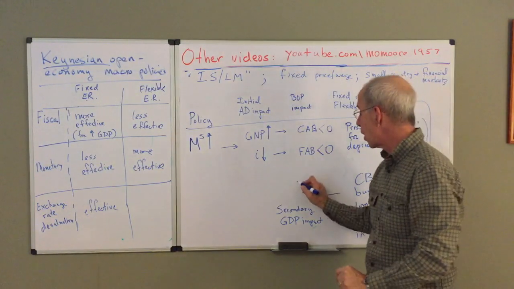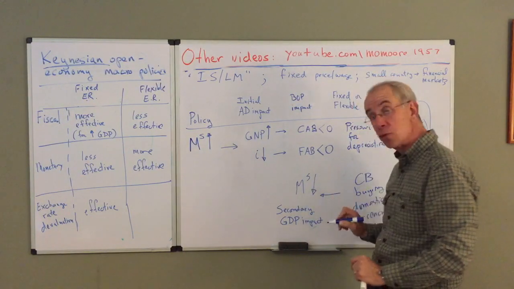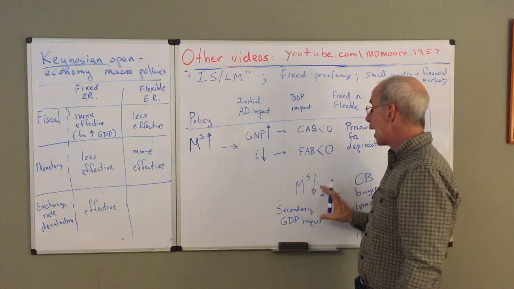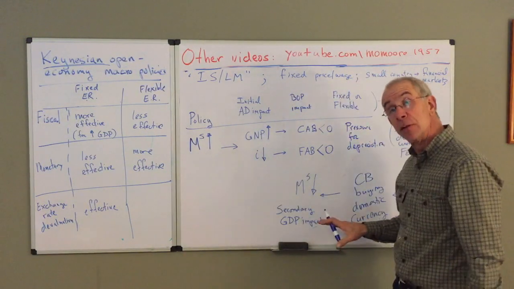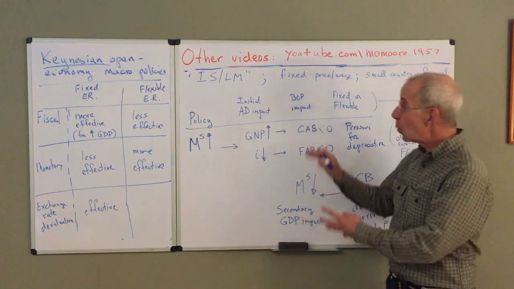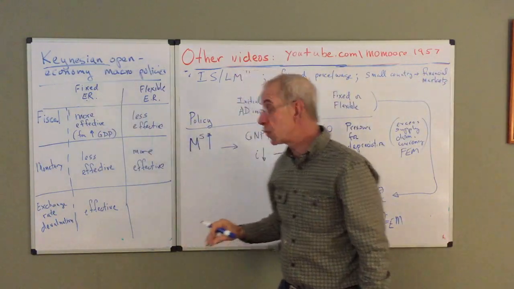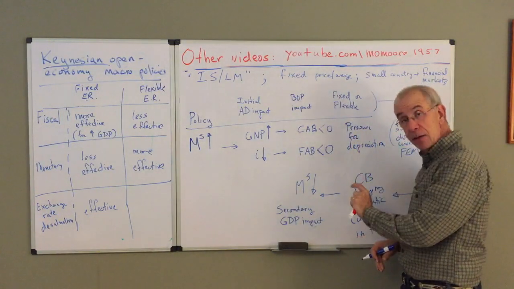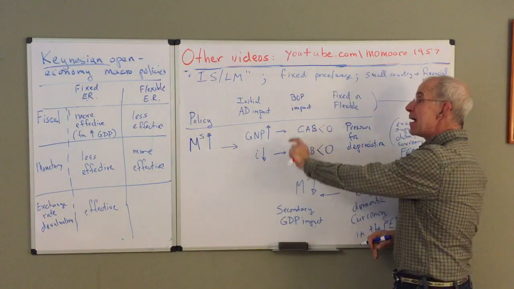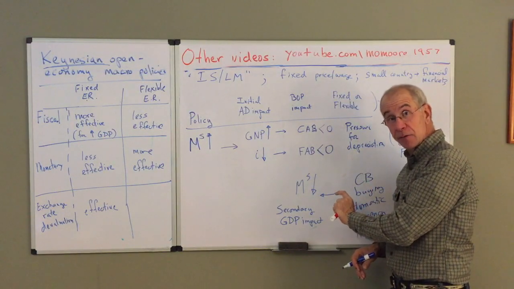That is going to cause the money supply then to drop, directly counteracting the initial policy choice. So what you have with monetary policy with fixed exchange rates is that the requirement to peg the exchange rate makes monetary policy really completely ineffective.